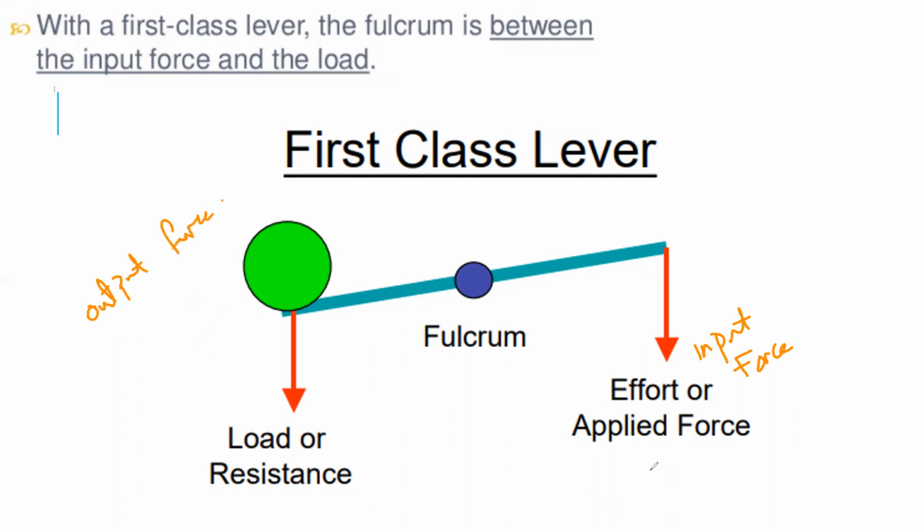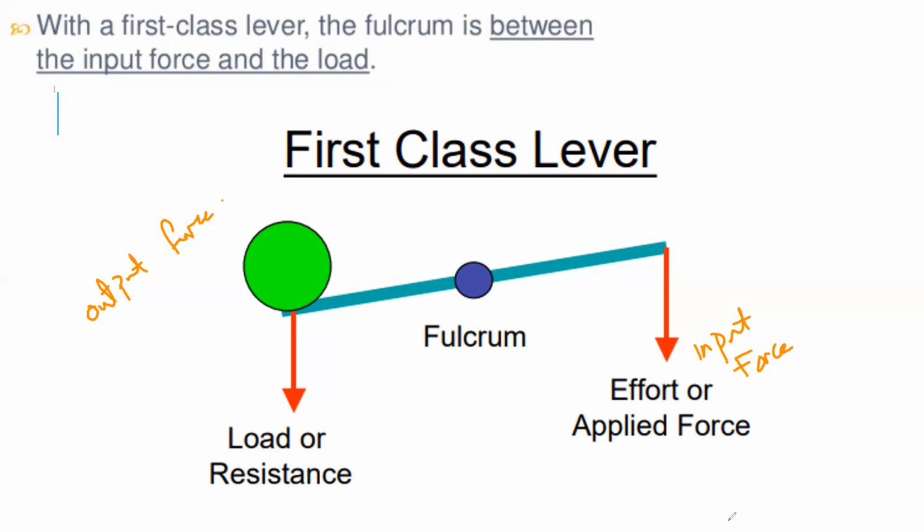Here the fulcrum is between the input and the output, between the applied force and the load. We call it the first class lever. They are different, so be careful. In the first class, the pivot point is between the input force and the output force, or between the input force and the load.